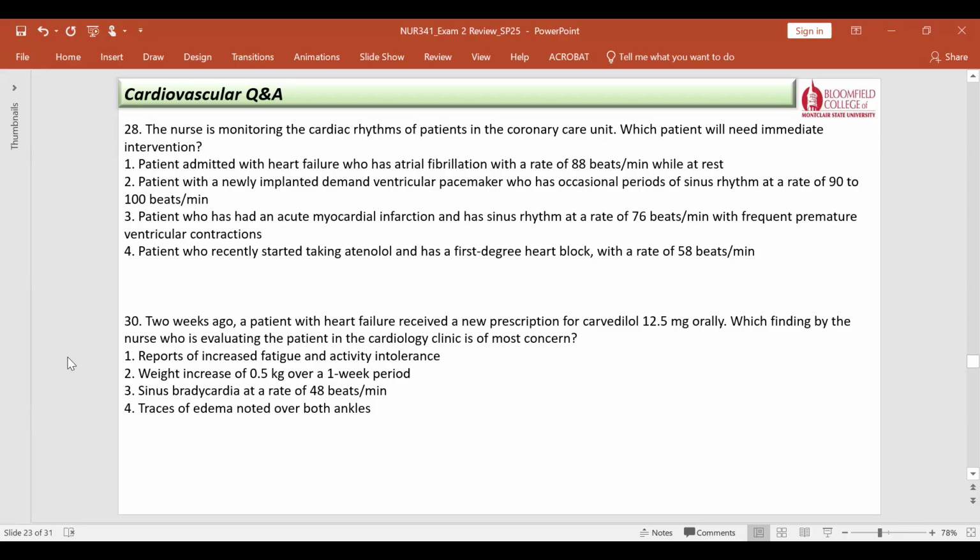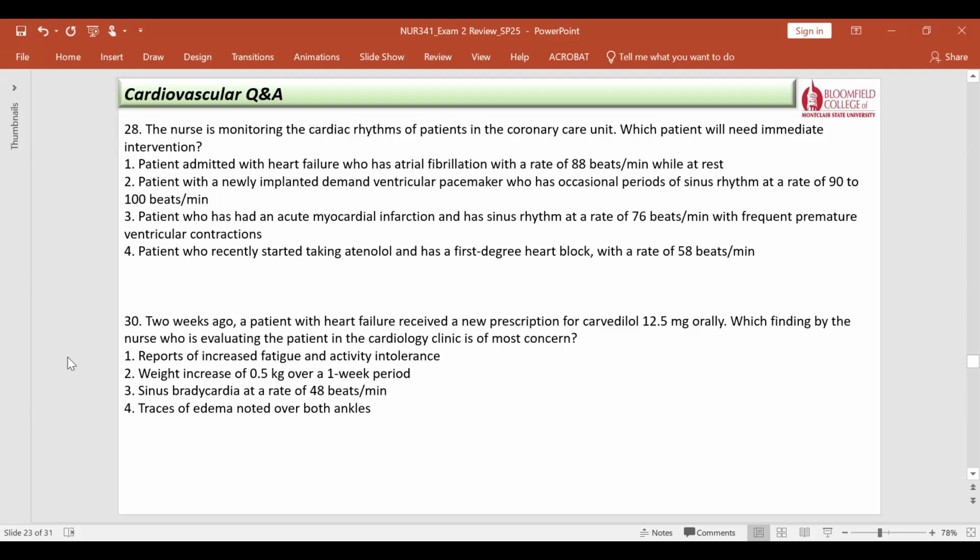VFib, ventricular fibrillation, is like cardiac arrest. So rapid treatment is necessary for this patient. The other patients also have dysrhythmias that will require further assessment, but these scenarios are not as immediately life-threatening as the patient with frequent PVCs in the setting of acute MI.